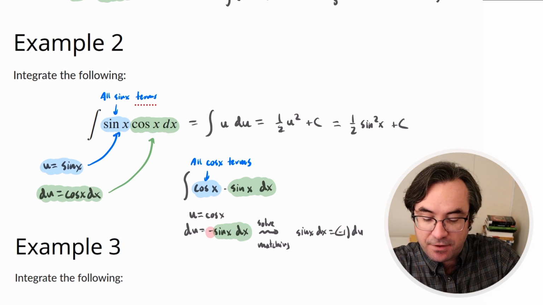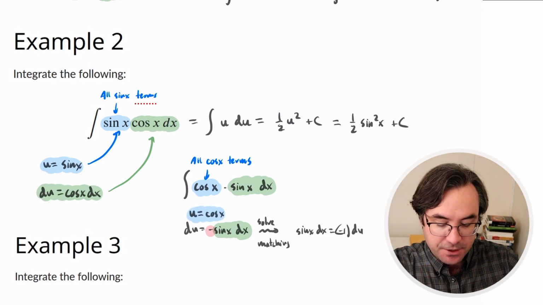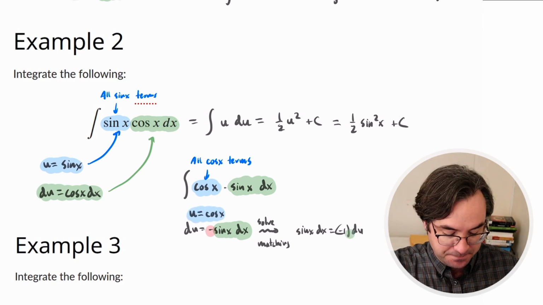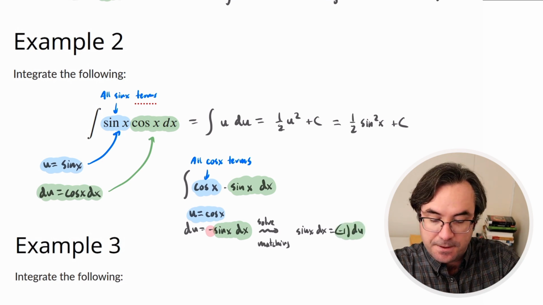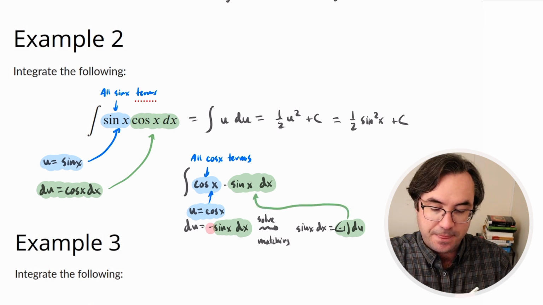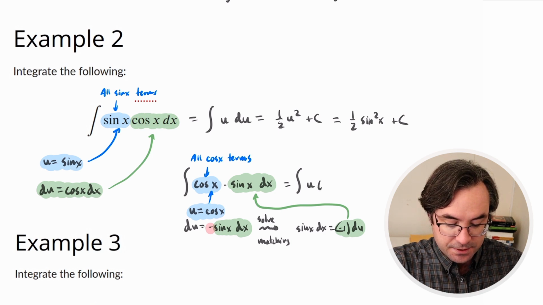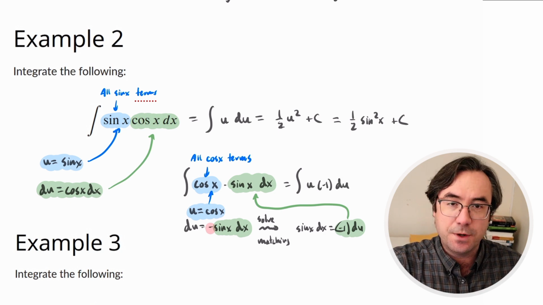All right, so once we have all this, now it's just, again, a regular u substitution. So we're going to fill in our pieces. So we'll switch over our differential. We'll switch over our function. And when we fill in the pieces, we're going to end up with the integral of u times -1 du.